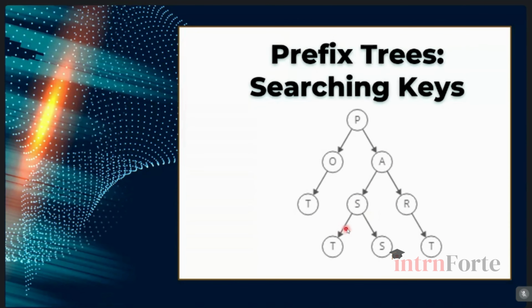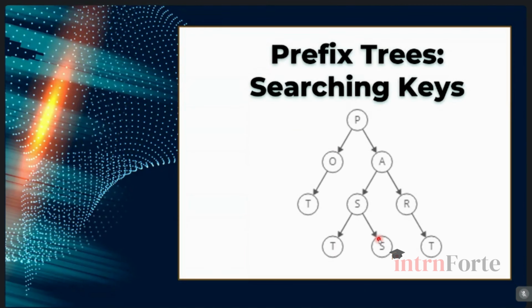Then there is a third prefix that is common between PAST and PASS. So again, we're going to make the S letter common between these two and then branch out into T and S. What we're doing here is that the prefix, or the starting sequence of common letters, we are combining into the same nodes so that it is easier and more efficient to represent all these words.